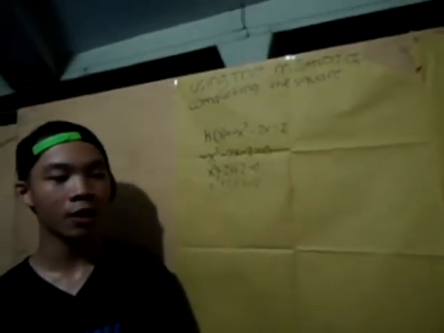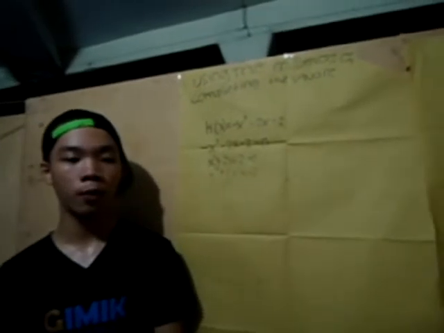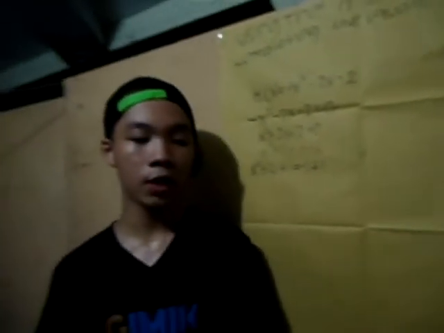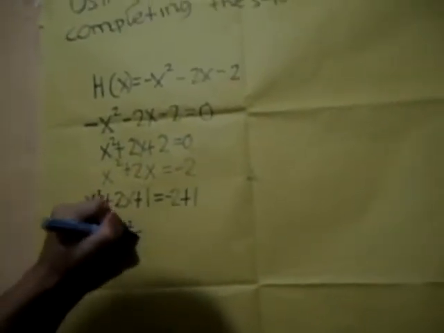Both sides are multiplied by negative 1: x squared plus 2x plus 2 equals 0. 2 is subtracted from both sides: x squared plus 2x equals negative 2. 1 is added to both sides: x squared plus 2x plus 1 is equal to negative 2 plus 1. The left side is factored: the quantity x plus 1 squared is equal to negative 1.